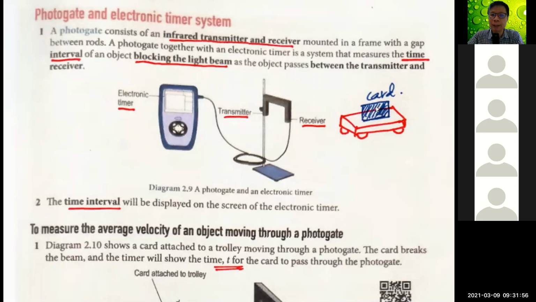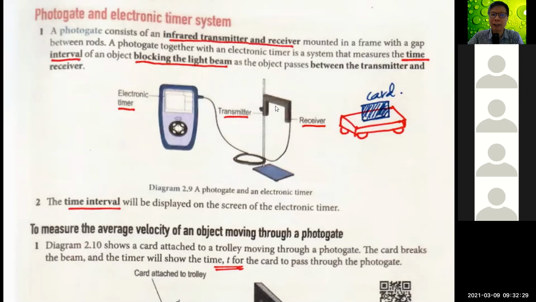Now, I put a trolley. This trolley carries a card. When I push the trolley across, the card will block the infrared, correct? Once the infrared is blocked, the timer will start to record the time.